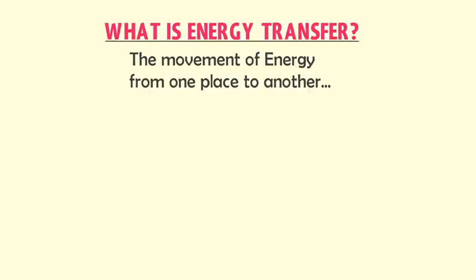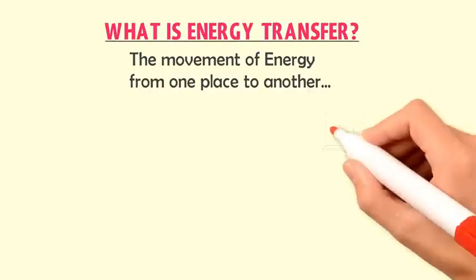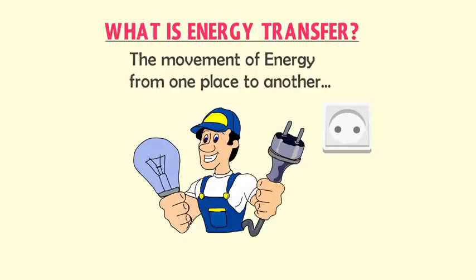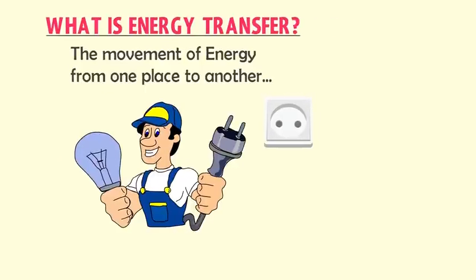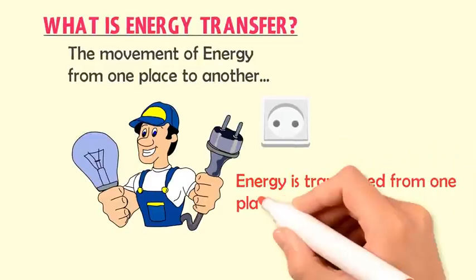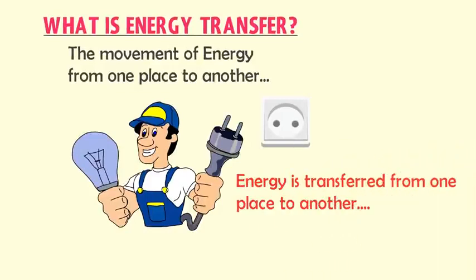For example, energy flows from your wall socket, then moves through a charger or wires into the home electronics. The energy is being transferred from the wall socket to the electronics. So when energy is just transferred from one place to another, it is known as energy transfer.